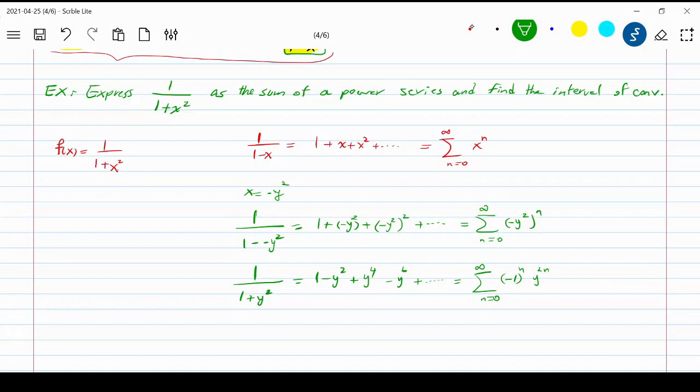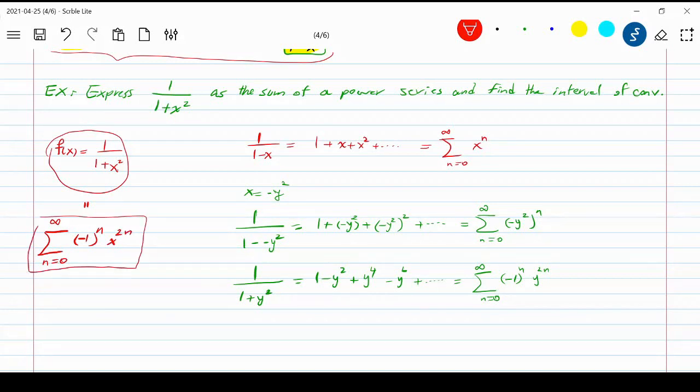So what can I say about this function? This is exactly the same as that, instead of x, we have y. So I can say this function is exactly the same as the power series, n from 0 to infinity, of -1 to the power n, x to the power 2n. So we found the power series representation of the function.